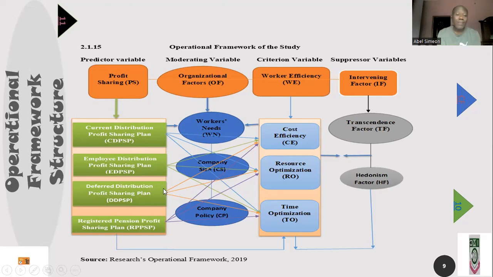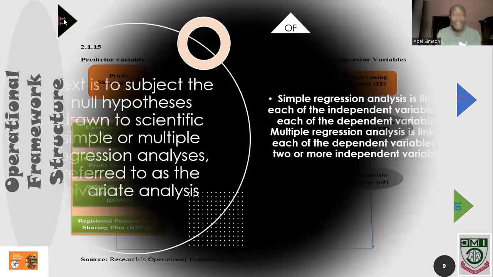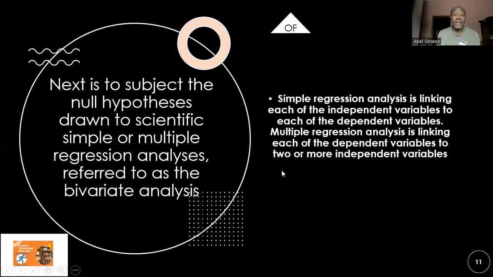So from the outcome, you take your decision to say, oh, I think current distribution is better. Oh, no, employee distribution is best. Deferred distribution is best. Registered pension plan is best. So that is how multiple regression is carried out, and that is the reason why it is carried out.